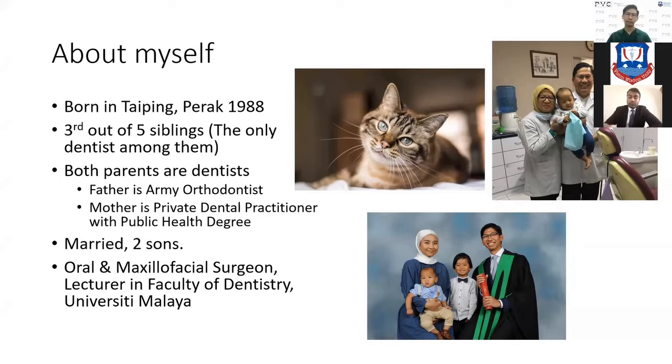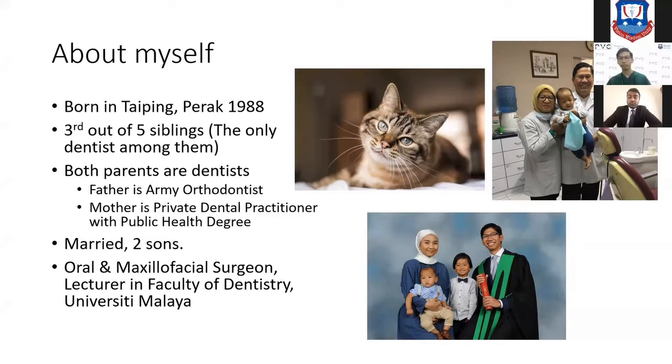My dad is an orthodontist in the army, retired now, but still working in private. My mom is a private dental practitioner with a public health degree. I am married to a lovely wife, Sarah, and I have 2 sons, 7 and 4, Martin and Alfie. And as you all know by now, I am currently working as an OMFS surgeon in the Faculty of Dentistry in Malaya.